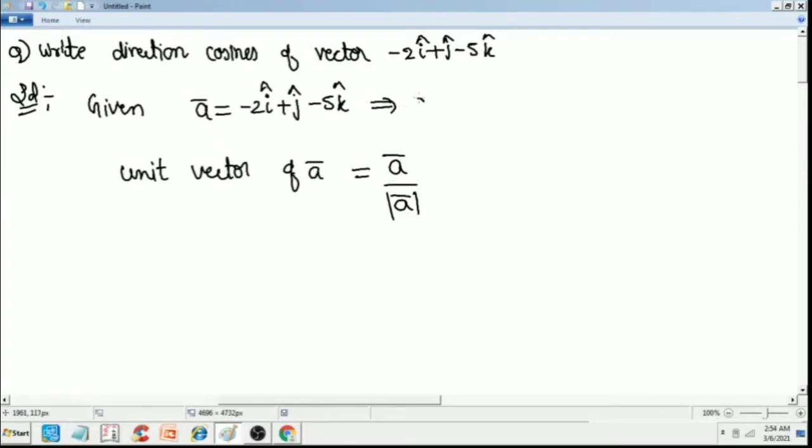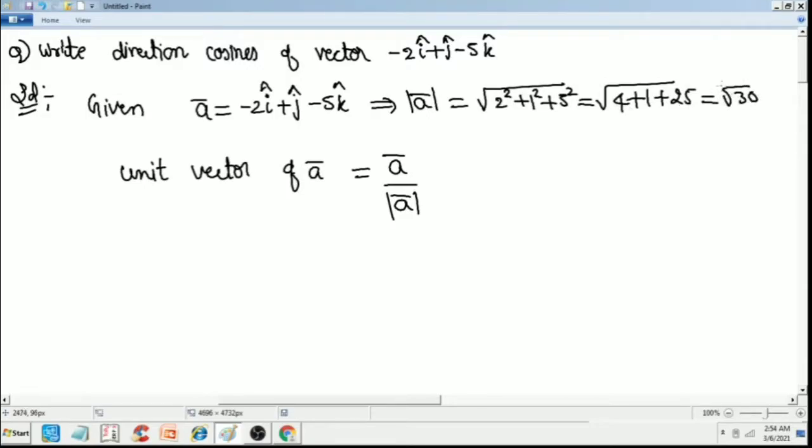So here the modulus is root over 2 square plus 1 square plus 5 square. 2 twos are 4 plus 1 plus 5 fives are 25. So this will become 30, root 30.